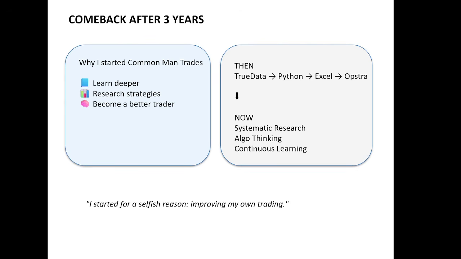And finally, the basics. I don't want this channel to be only for people who understand options or the stock market. I might not go into so much basics, but to an extent, to help people understand what options trading is and what derivatives trading is, I might start with basics as well. So this is the objective.